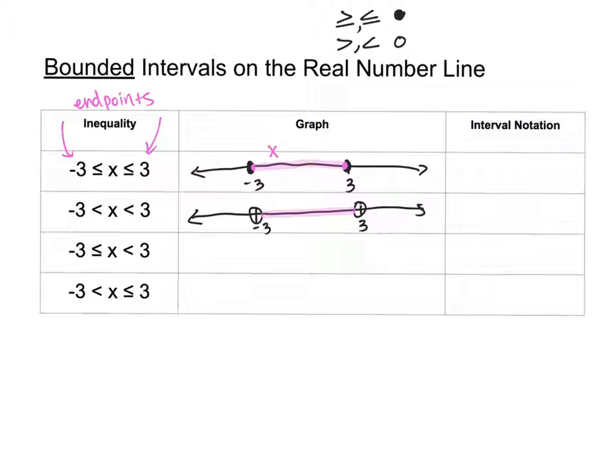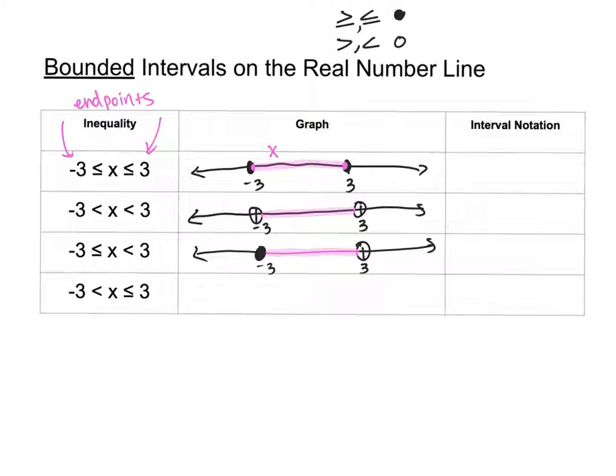So let me use a different color here. There we go. So we have -3, +3, closed, open. And so now when we highlight this region here, I'm going to just highlight the middle. Let me do that consistently and use pink.